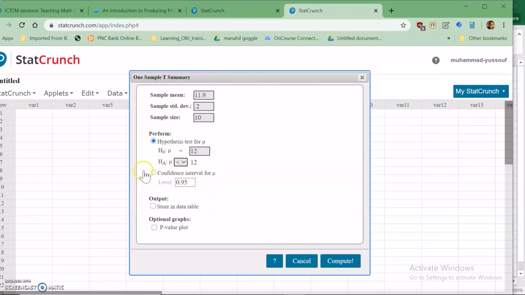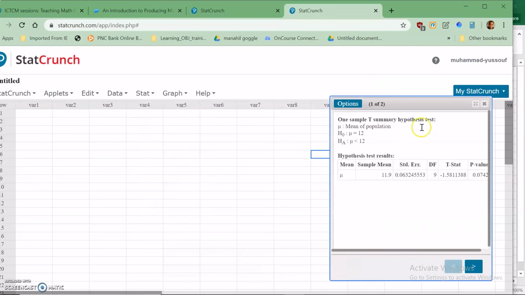The significance level is different now. The significance level was 0.01, so this is the 1% significance level, right? Do you want a p-value plot? Yes, I want a p-value plot. Let's see what comes up. Here we go.